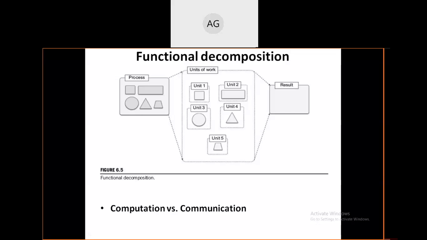Functional decomposition is mostly used in the project analysis phase. How exactly does the project analysis phase work? It will produce the functional decomposition diagram.